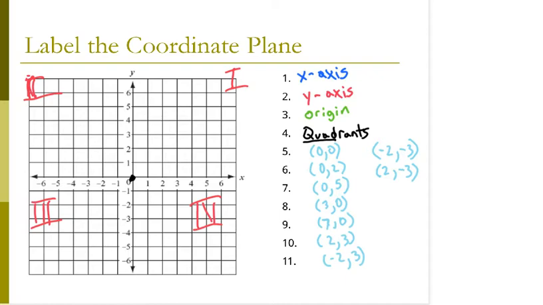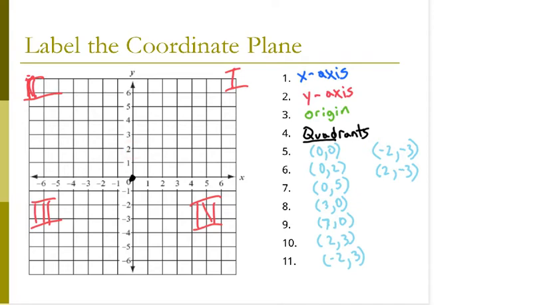This point, 0, 2: we know x is 0, so x is 0 here, y is 2, which means we have to go up 2, so that's where our point would be for 0, 2.